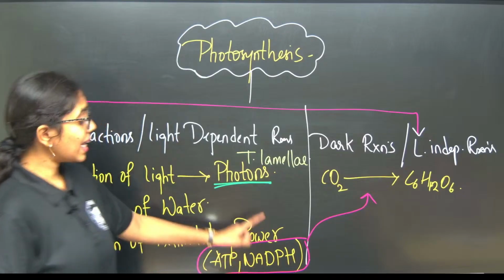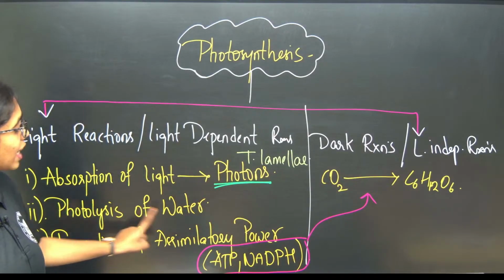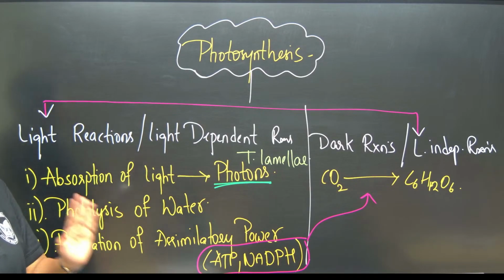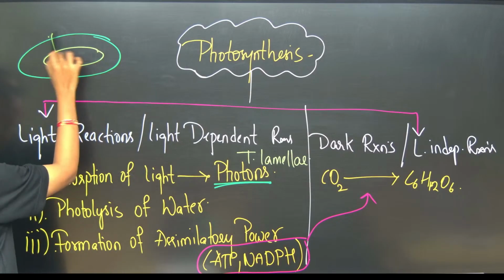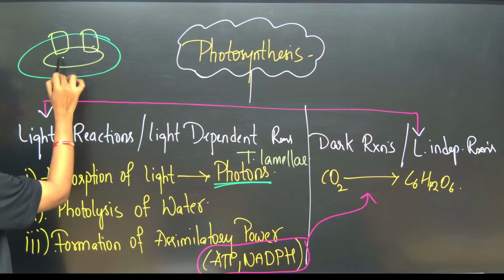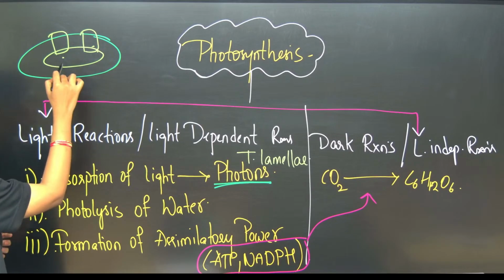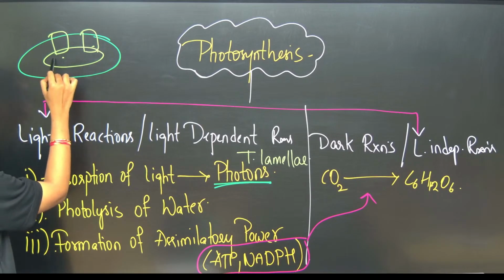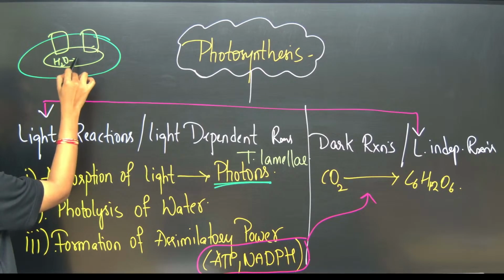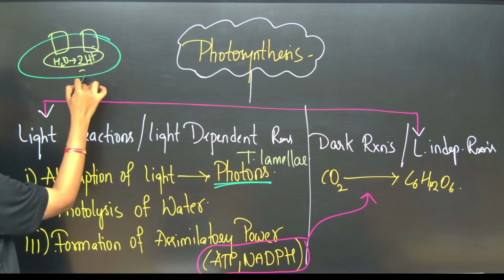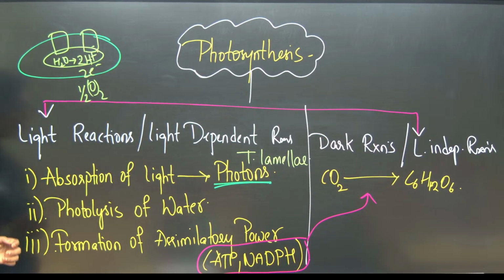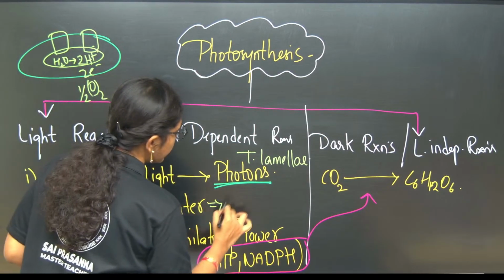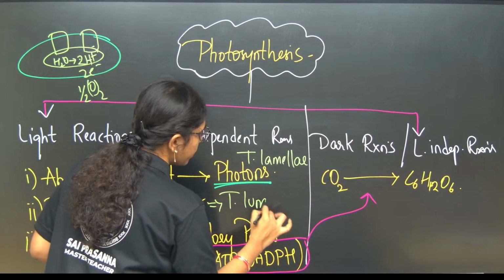Utilizing these photons, photolysis of water takes place inside the thylakoid lumen, wherein one water molecule is lysed to 2 protons plus 2 electrons plus an oxygen atom.